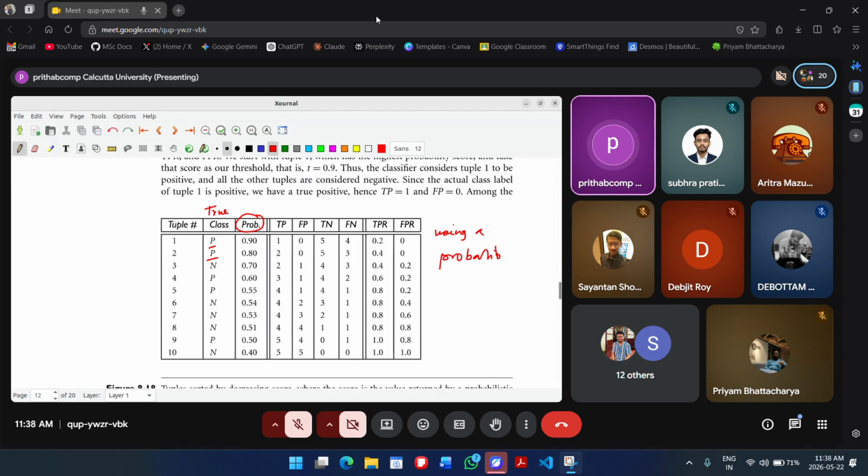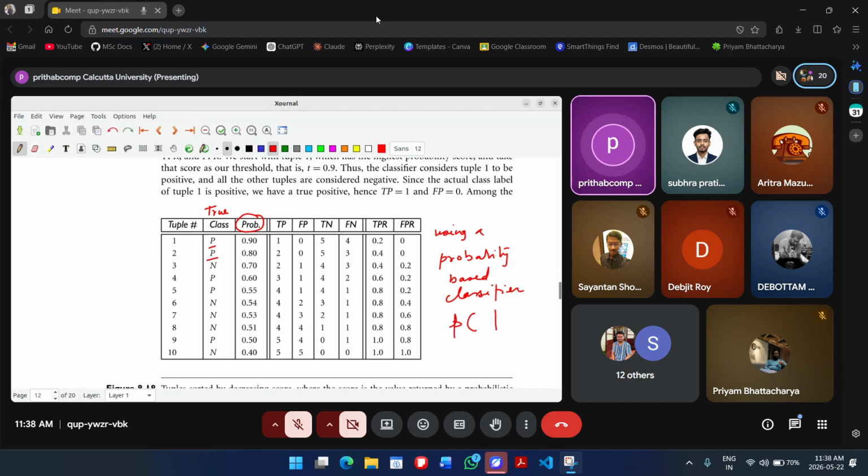In a probability based classifier, somehow you compute a probability.